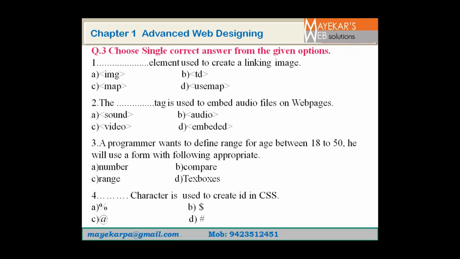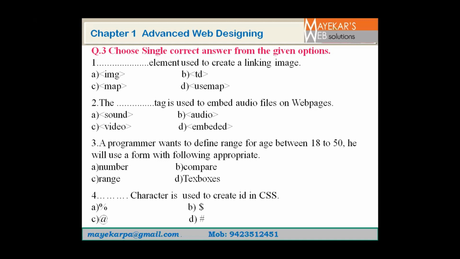We know the td tag is related to the table tag, and here the question is about images, so td is not applicable. The last option is usemap. Usemap is an attribute, not a tag, and here it is enclosed by less than and greater than signs, so this option is wrong.